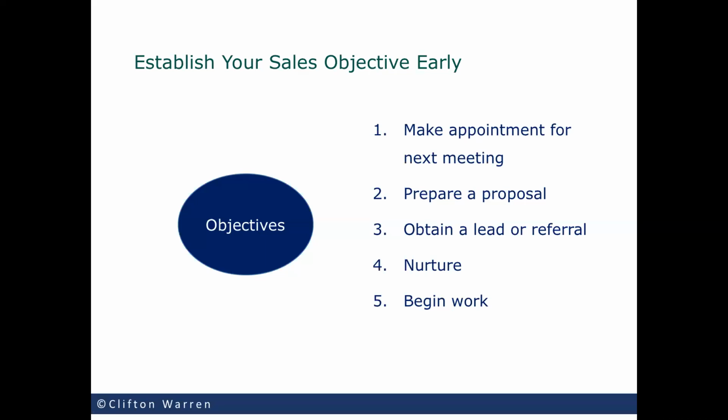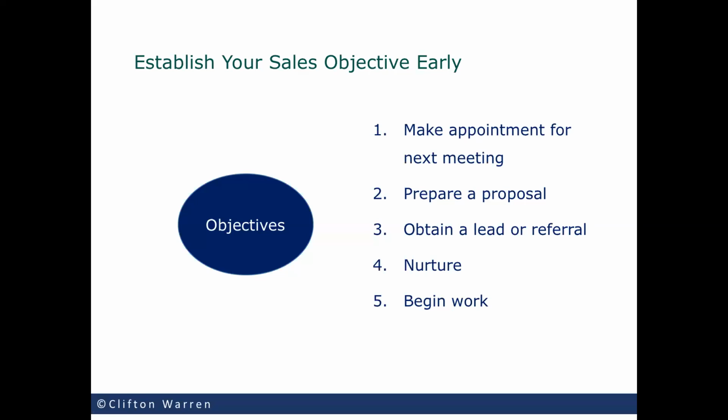The first one might be to simply make an appointment for the next meeting. You know, when I'm out in the field, I recommend when I teach and mentor that you take the first meeting to gather information and the second meeting to present your solution. Gives you time to go back to your office. I'll discuss this a little bit more shortly. So make an appointment for the next meeting could be one objective.